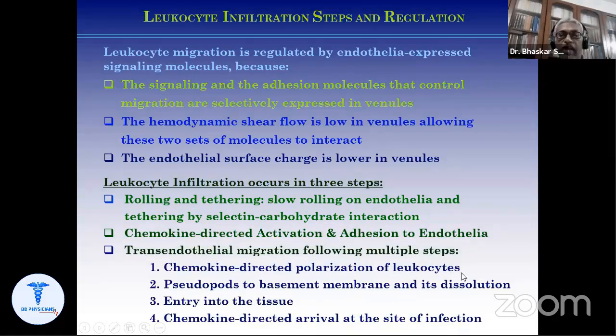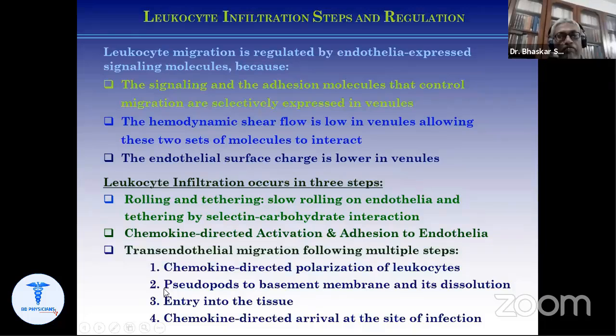So the leukocytes, if we consider that they are round, suddenly they change shape, and on one side towards the direction of migration, it becomes tapered. And that is what we call polarization of the leukocytes, and these chemokines actually cause the intracellular cytoskeletal elements reorganization, so that these membranes can move and get tapered at one end towards the direction of the migration.